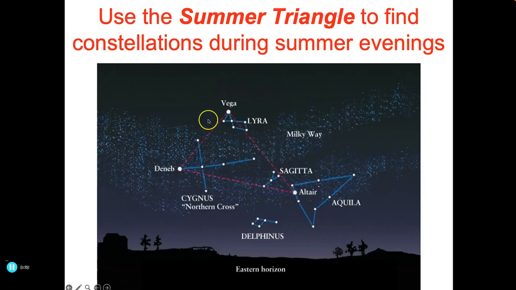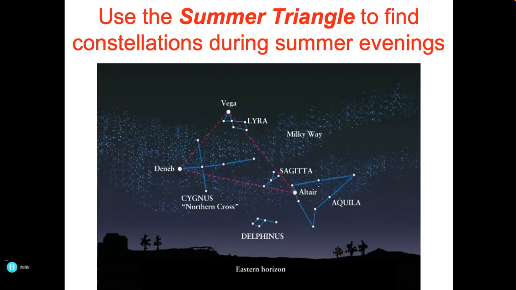Lyra is the name of the constellation, and within the border of Lyra, Vega is the brightest star there, right? Deneb is a star inside the border of Cygnus, right? Anything within the border of Cygnus is in the constellation Cygnus.